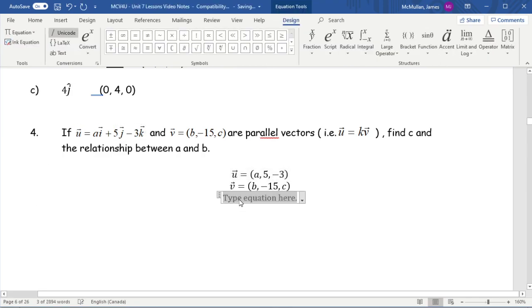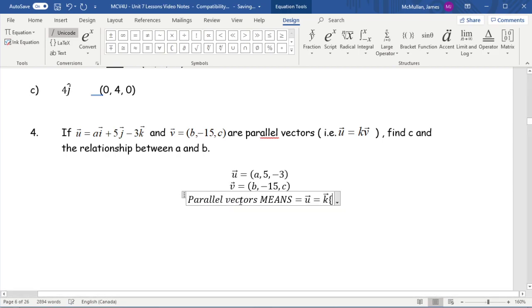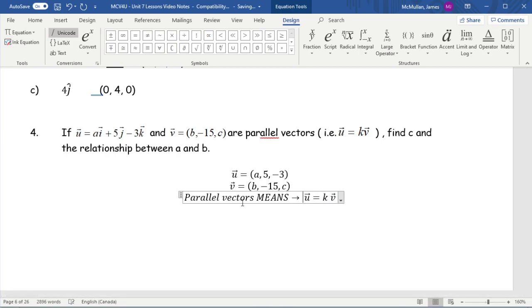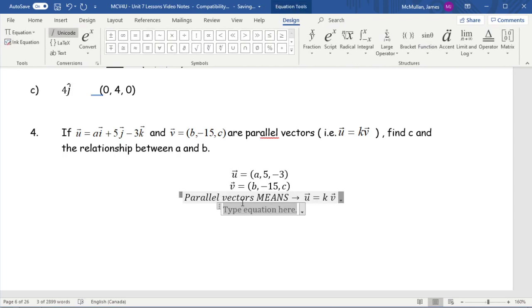Now, according to our equation, parallel vectors means that u can be expressed as kv. Okay, u can be expressed as kv. So think about how that would work. That would mean that if the two vectors are parallel, then all their components need to be proportional, right?